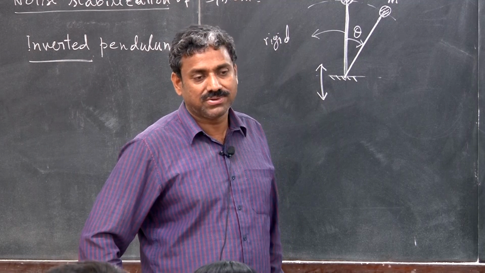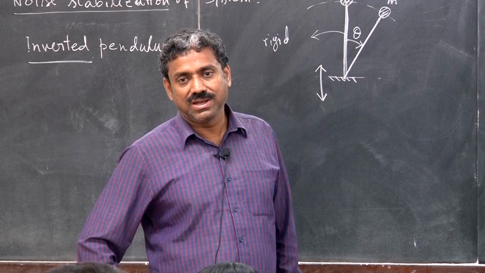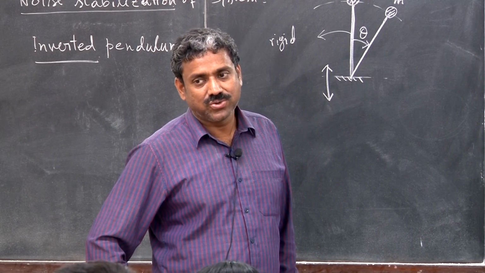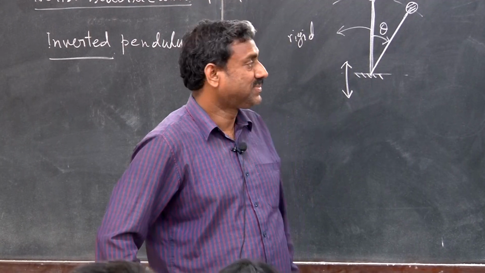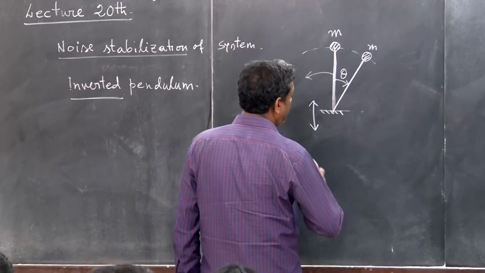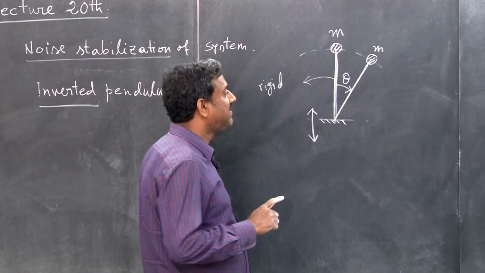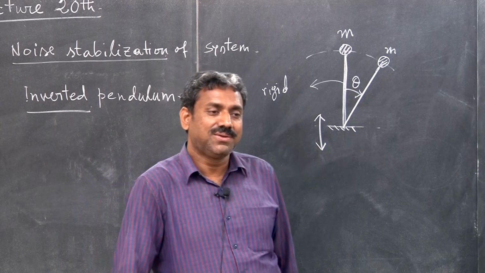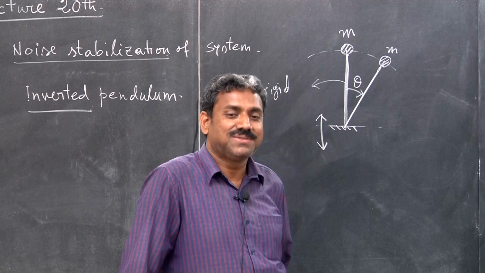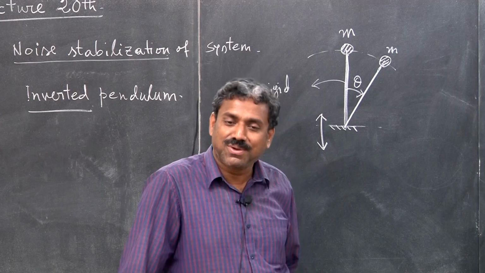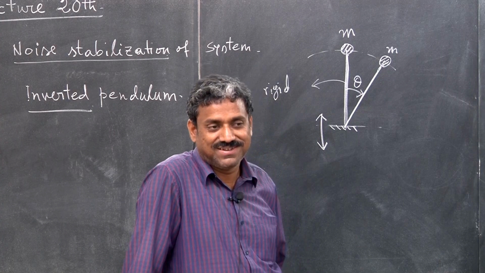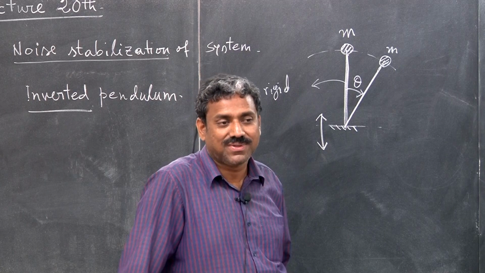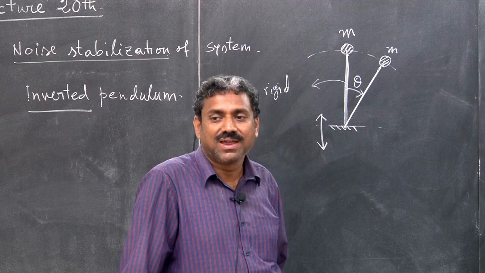All of you are doing earthquake engineering, right? So you know that there can be 3 components: north-south, east-west, and then the vertical one, right? When we ride a bicycle, what kind of system is this? This is nothing but noise stabilization. A baby cannot walk, but a human can walk, right?